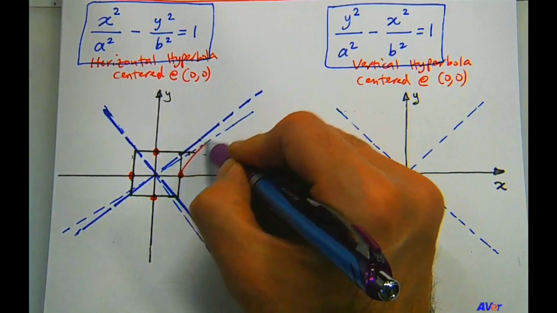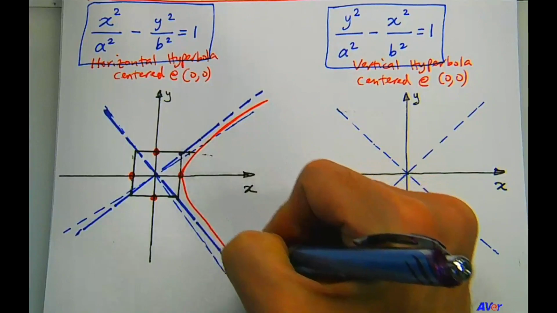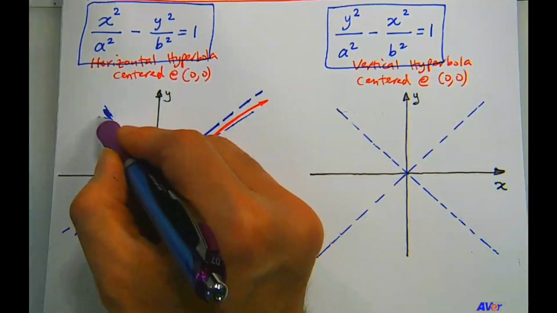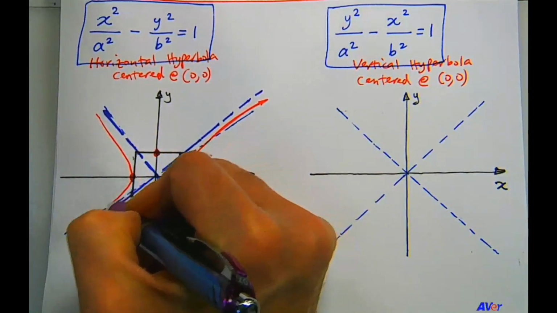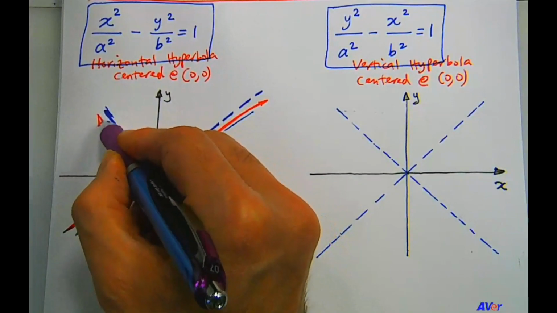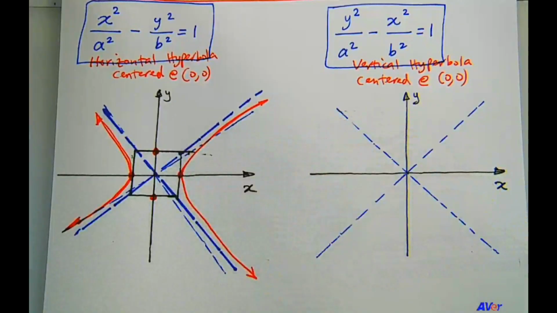So here this would be the hyperbola going like this, and on this side it will be like this, roughly.